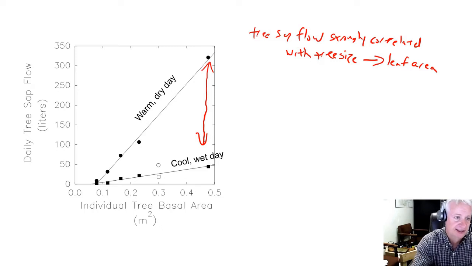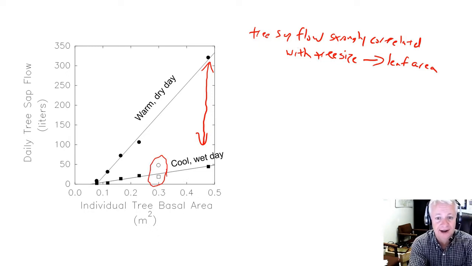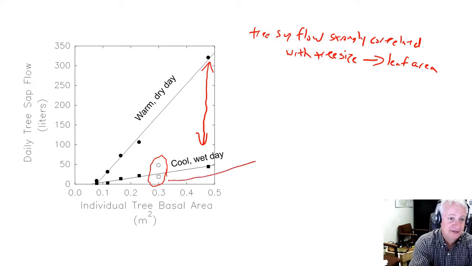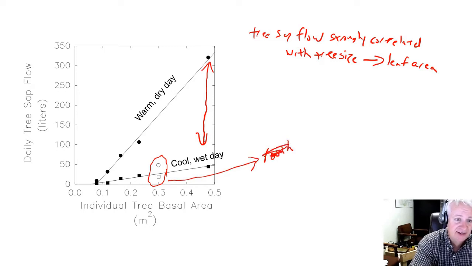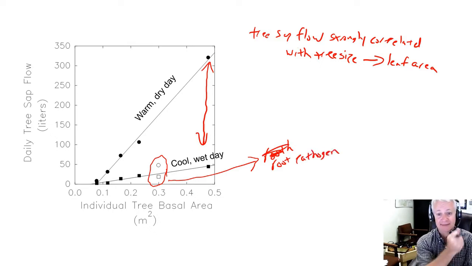You'll note that there's a couple of trees here that are excluded from those regressions where they didn't fit on the lines. We took a look at those trees when we looked at the data and saw that it was one tree, and that tree had a root pathogen. So in this case, that root pathogen was inhibiting that tree's ability to take up, transport, and transpire water.